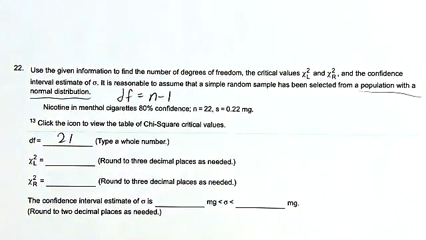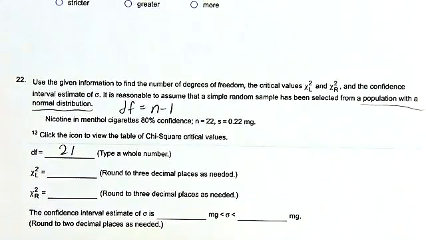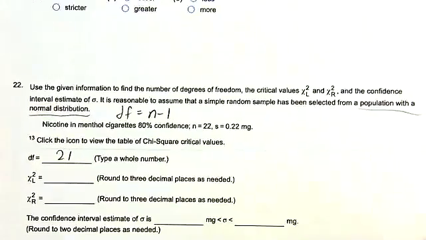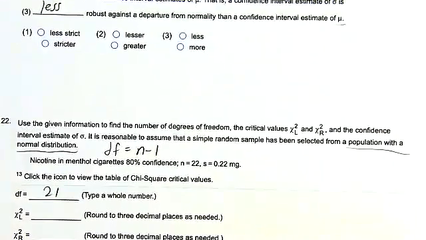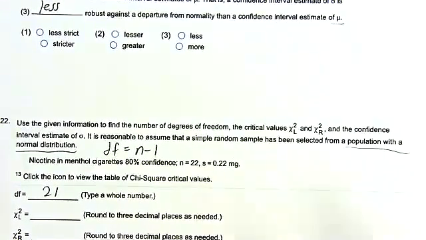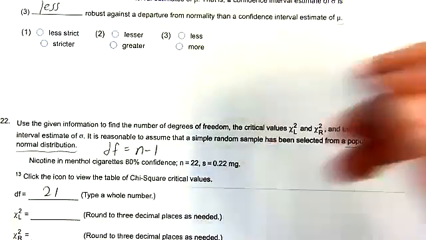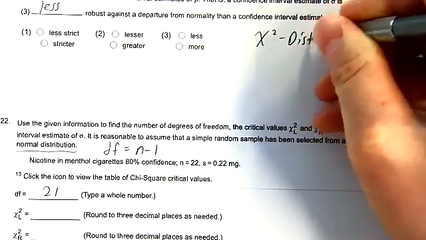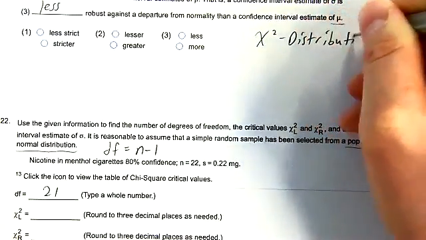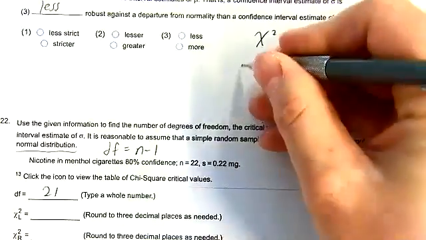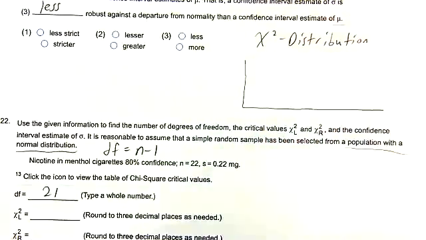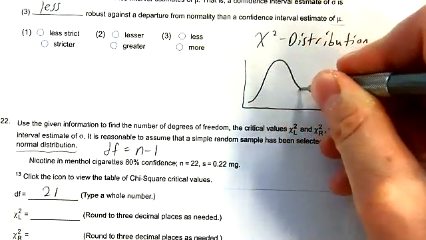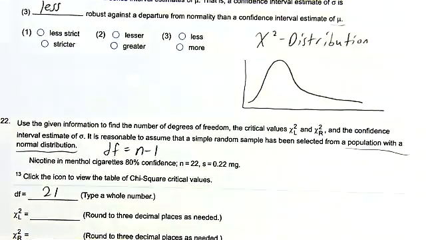Okay, now to understand the next part, it's probably best to use a picture. Let me use some white space up here to describe, generally speaking, what a chi-square distribution looks like. This distribution is skewed right, so it looks something like that.